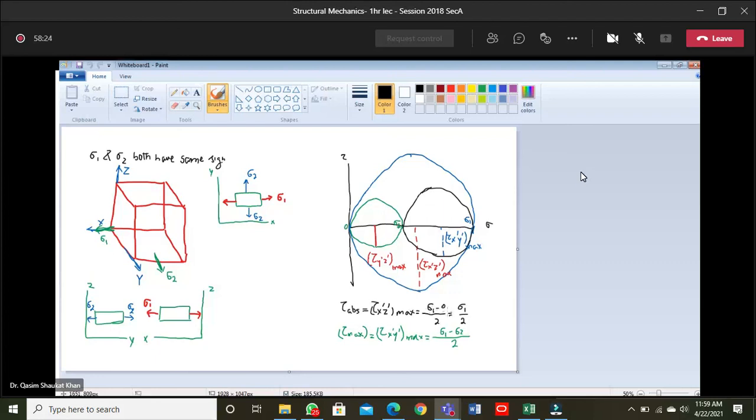So sigma 1 over 2, so 32 over 2, 16 megapascals, and maximum in-plane shear stress will be this one, tau x' y'. So sigma 1 minus sigma 2 over 2, 32 minus 16 over 2, 8 megapascals. Okay guys, is this point clear?